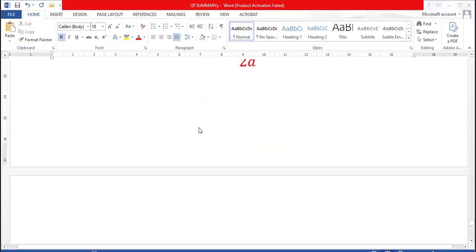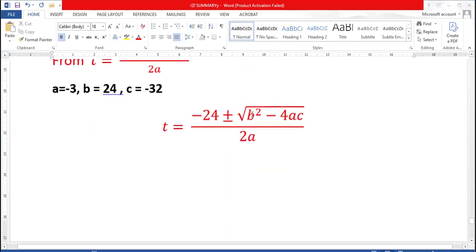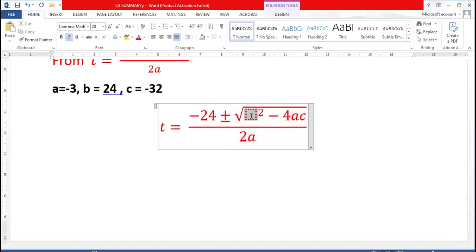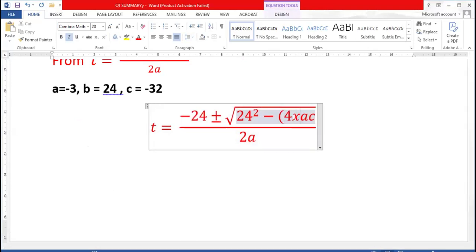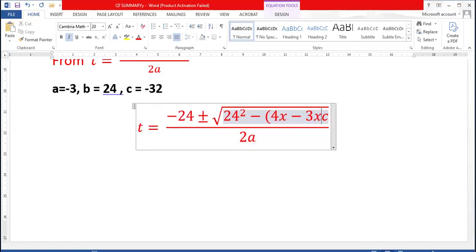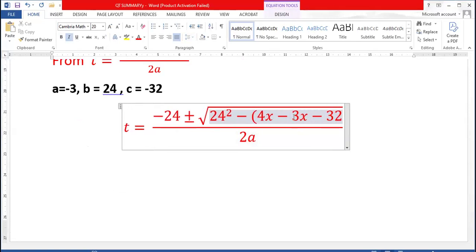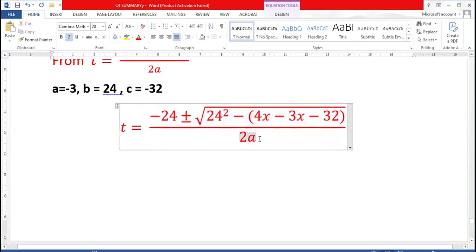So we substitute here, our b is 24 squared minus 4 times a, a is negative 3, times c, which is negative 32. Please put these things on your calculator directly.